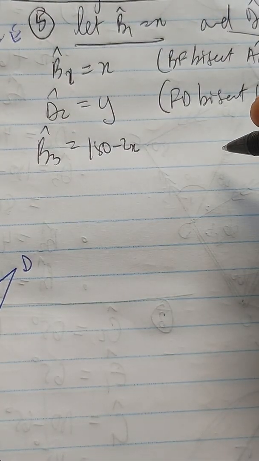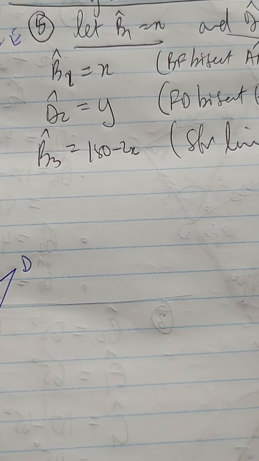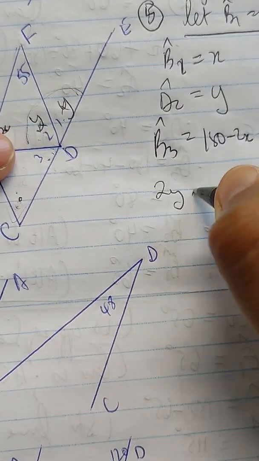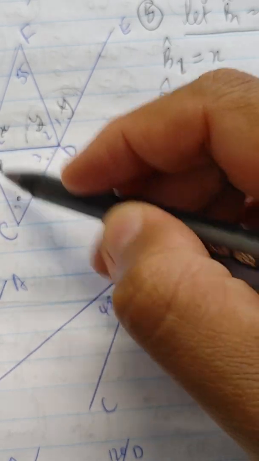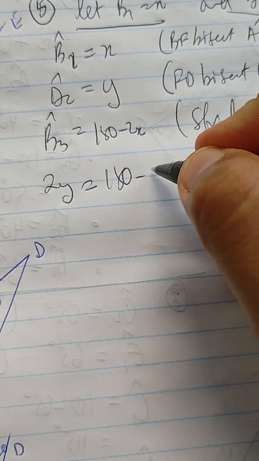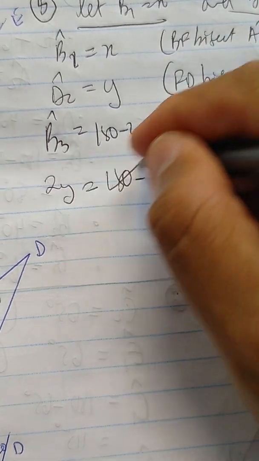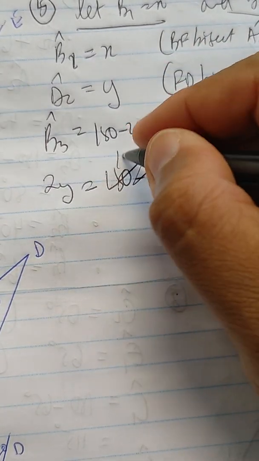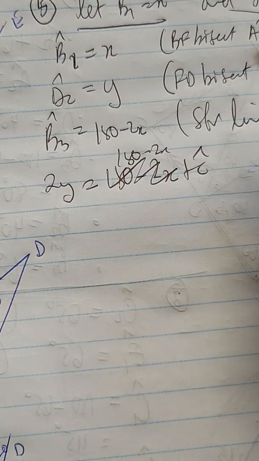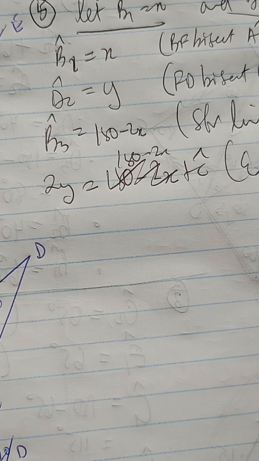Why? Because B3 plus 2x is equal to 180, since it's a straight line. Now we can conclude that 2y is equal to the exterior angle equal to the sum of two interior opposite, which is B3, which is 180 minus 2x, plus angle C. The reason here is exterior angle of triangle, and it's triangle PCD.